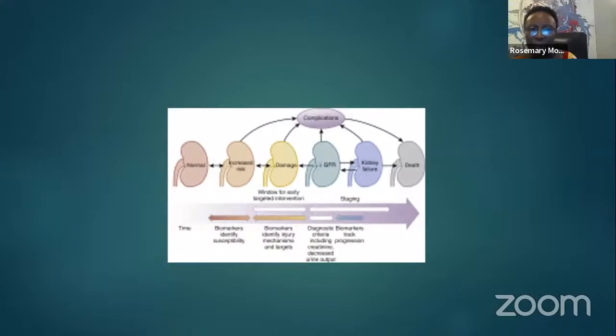And there is reversibility as well, where you see the biomarkers and the clinical injury happening. If it's left too long, if there's continuous exposure, let's say, for instance, to a nephrotoxic drug like tenofovir, then subsequently you're going to get your reduction in the GFR, kidney failure, and death.